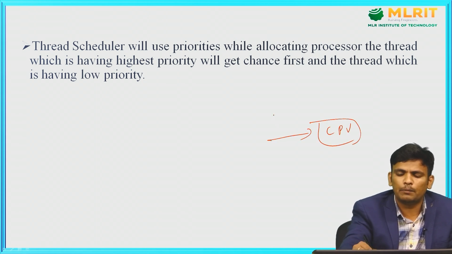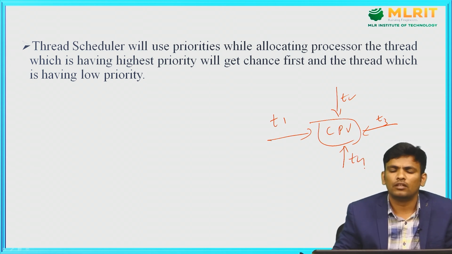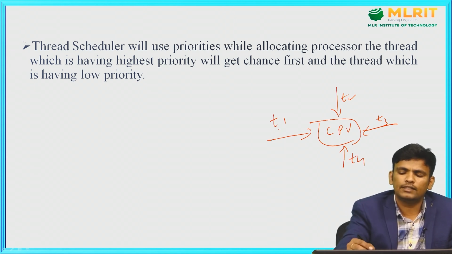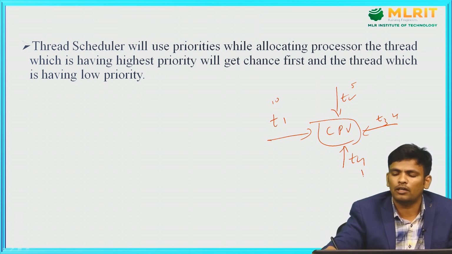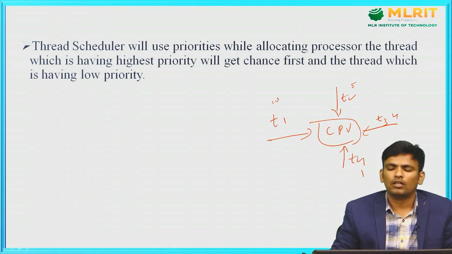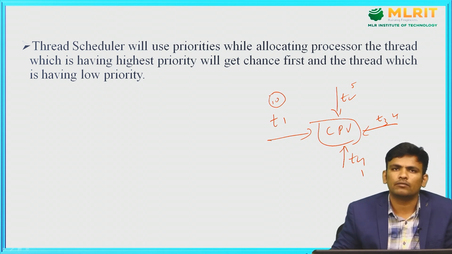I have multiple threads: T1, T2, T3 and T4. Assume T1 has priority 10, T2 has priority 5, T3 has priority 4 and T4 has priority 1.